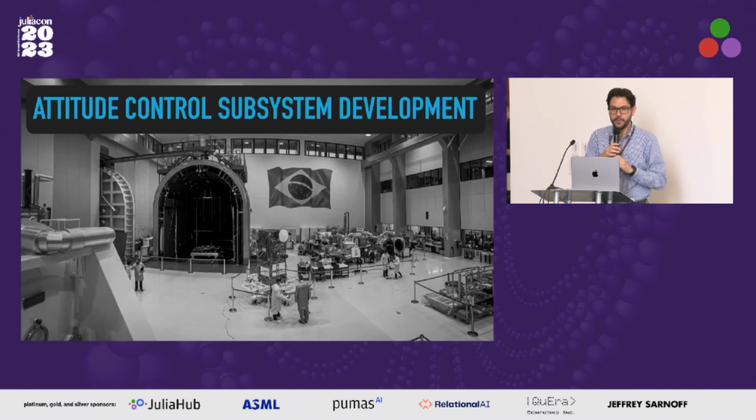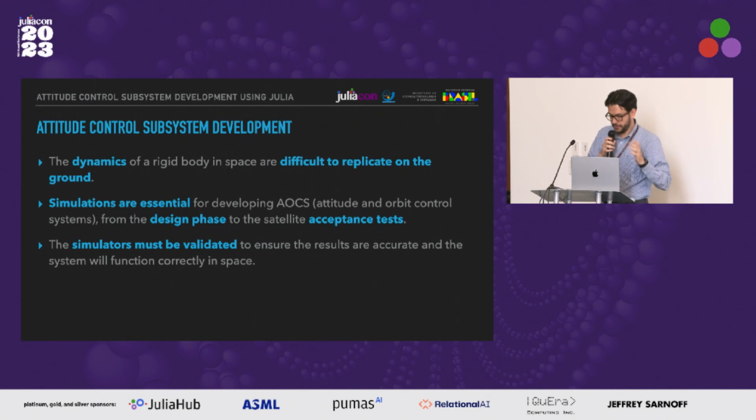But now let's see how we develop attitude control and how Julia is helping us to do so. First of all, you might imagine that it is almost impossible to replicate on the ground the space dynamics for a rigid body. You cannot, for example, levitate the satellite and remove all the perturbations so that you have the same dynamics. It's impossible.